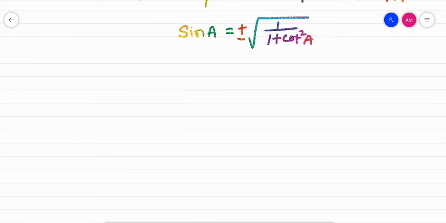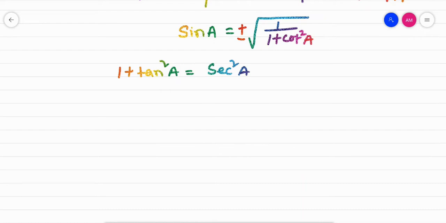Now come on children, let us see how you can find the value of sec in terms of cot. Now regarding sec, what identity have we learnt? We have learnt 1 plus tan square A is equal to sec square A. This we know.